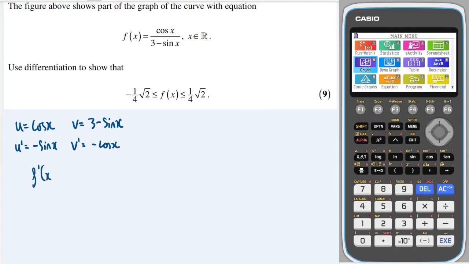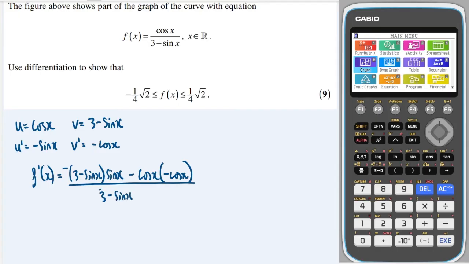So the overall derivative is going to be v times by du, which is minus sine, so I'll put the minus outside there like that. And then we're going to take away u, which is cos x, times by the derivative of v, which is minus cos x. And that is all over 3 minus sine x all squared.